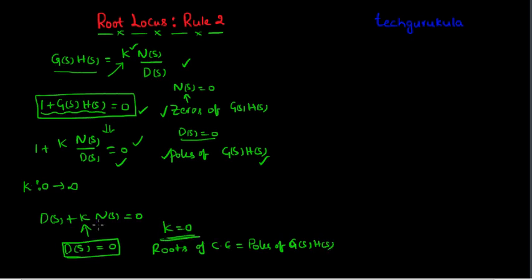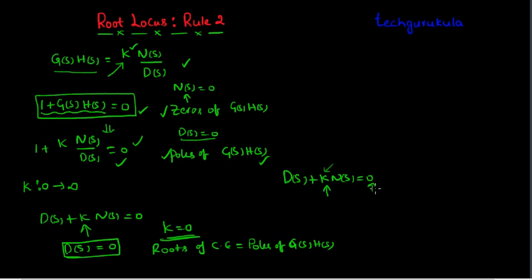Now when k is tending to infinity, let's take the same equation, D(s) plus k times N(s) equals 0. If I make k tend to infinity, it becomes really confusing to write, because one term is tending to infinity and the other is 0.